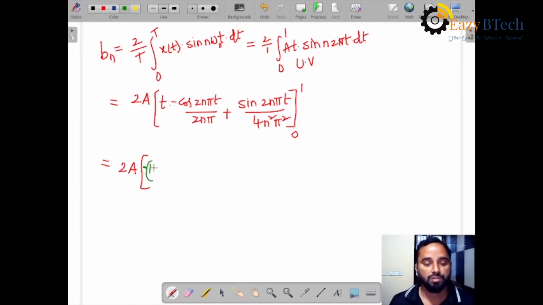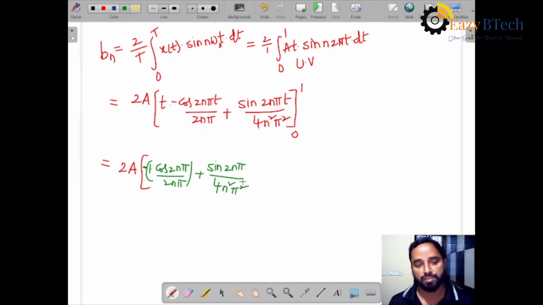So 1 into cos 2n pi divided by 2n pi, plus, this minus is for only cos, so I am keeping minus for cos, plus again sine 2n pi divided by 4n square pi square.